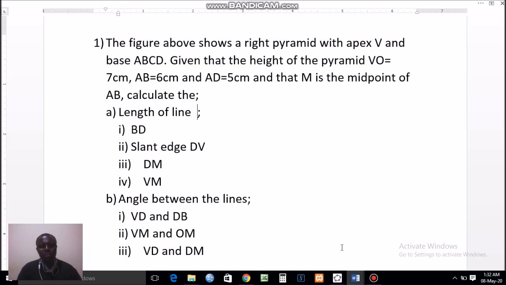It will give you an opportunity to check whether you understood the concept of calculating the length of a line in 3D, and also the concept of calculating the angle between two lines in a 3D object. Okay. Good luck as you begin to do the question.